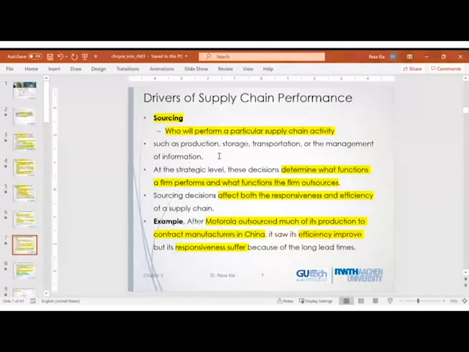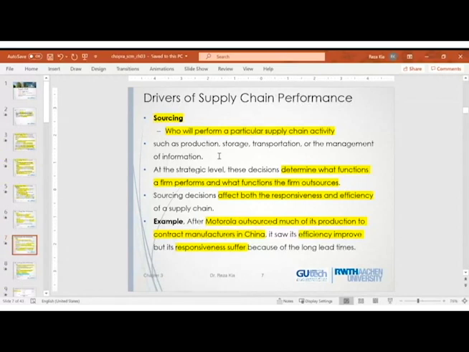But on the other side, the responsiveness may suffer, because when the manufacturing site is in China and you want to deliver the item to Europe, then the lead time will be longer. So again, you see that changing the sourcing policy will impact responsiveness and efficiency.